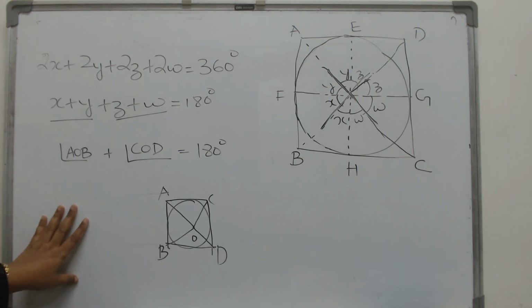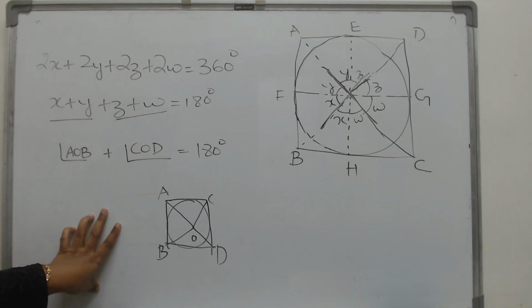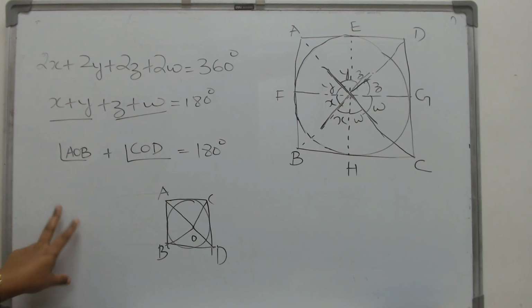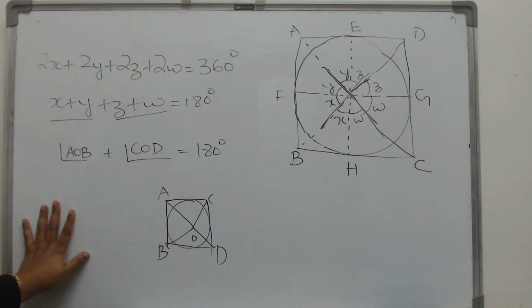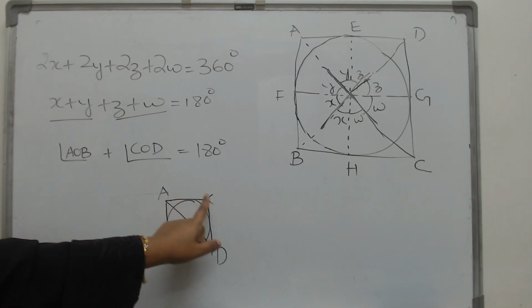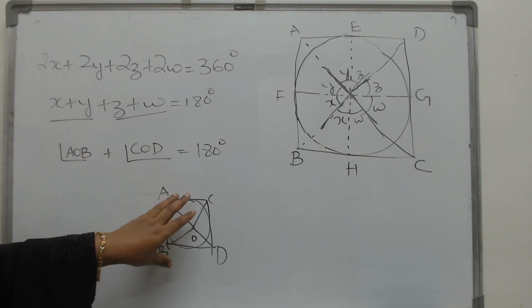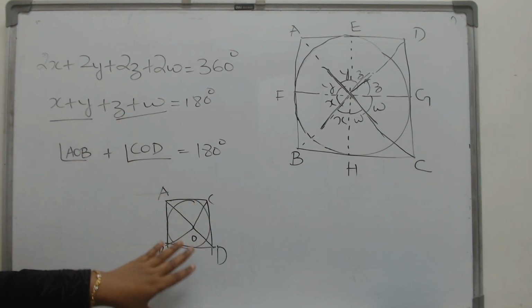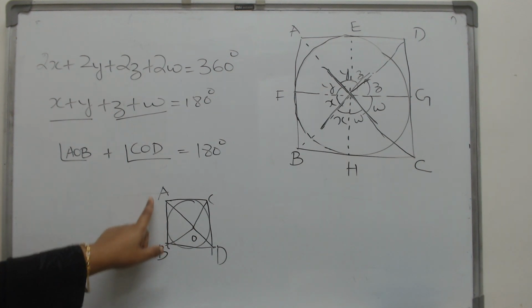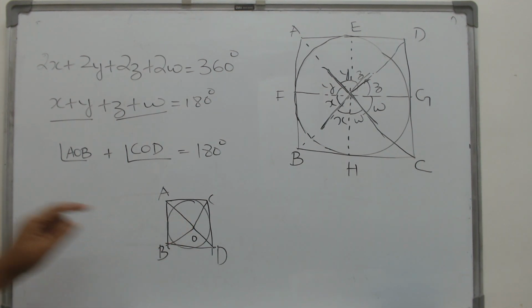Now before I sign off, I just want to remind you of one thing. In such questions, always remember the end result. What have we proved? We have proved that if you have such a circle, it is inscribed inside a quadrilateral. If you have such a situation here, understand that the angles subtended by the opposite sides are supplementary.